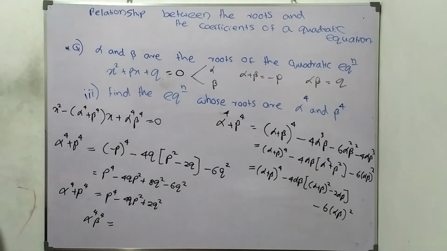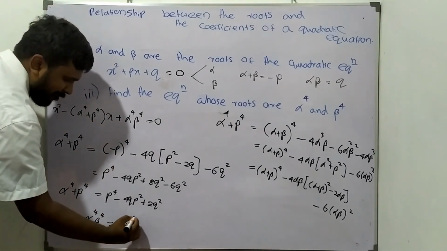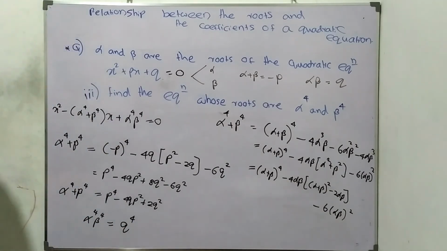The product of the roots is q to the power 4, right? Okay, now you can put all this into the main function.